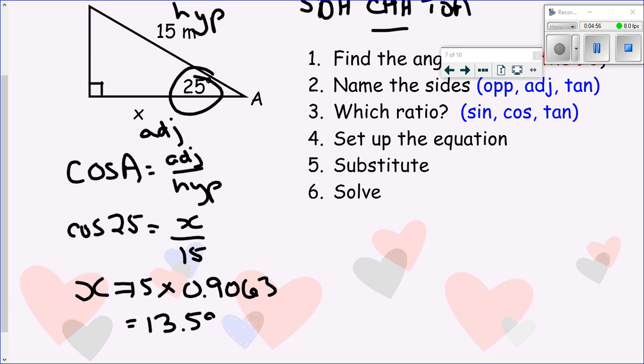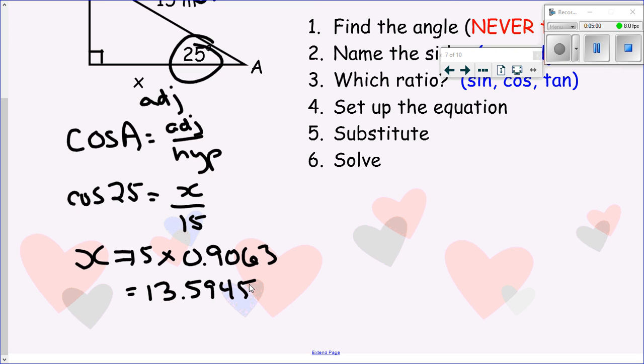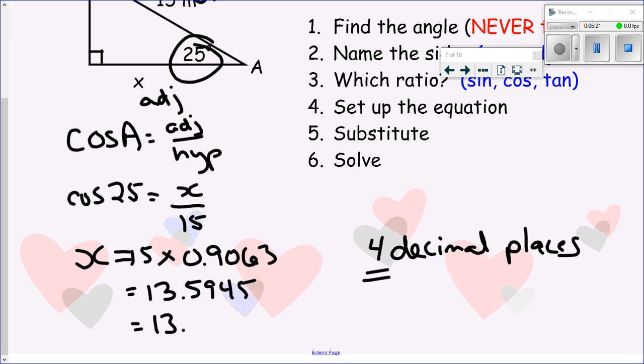Notice I'm working to 4 decimal places. Today it's not essential, but it is a good habit to get into. Tomorrow it will be essential, so you may as well do it now.